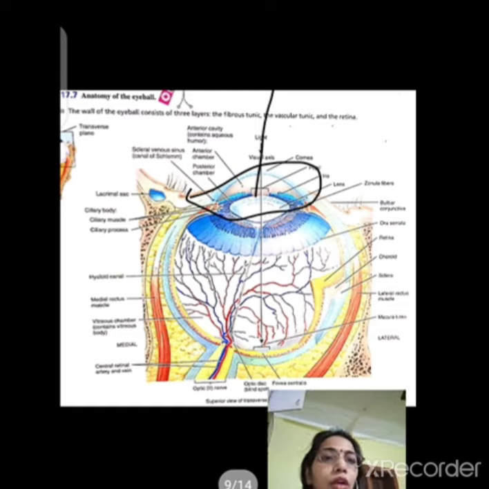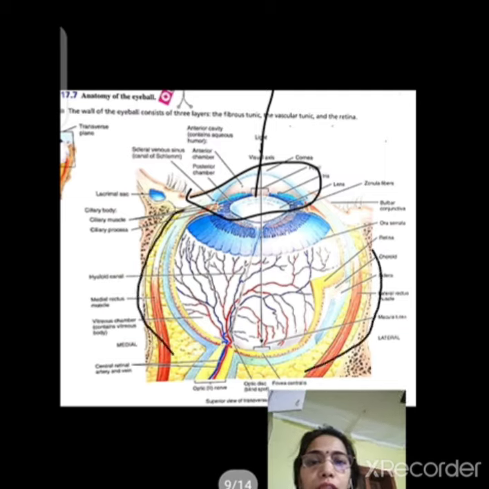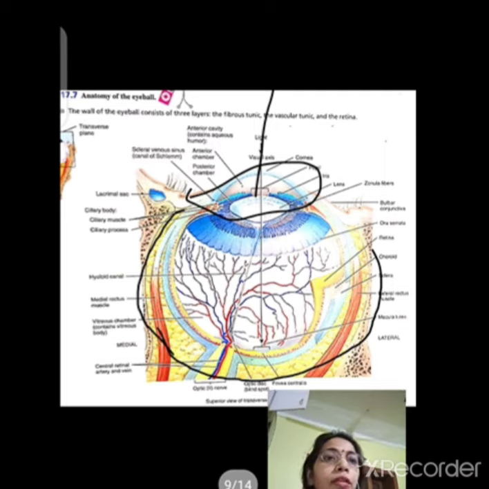Now the remainder is recessed and protected by the orbit. This is your bony orbit, so the posterior 2/3 is protected by this orbit. This is the bony orbit in which the eyeball is present.